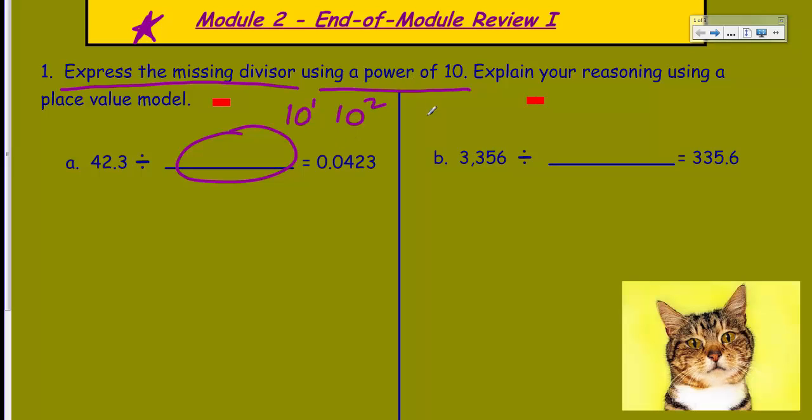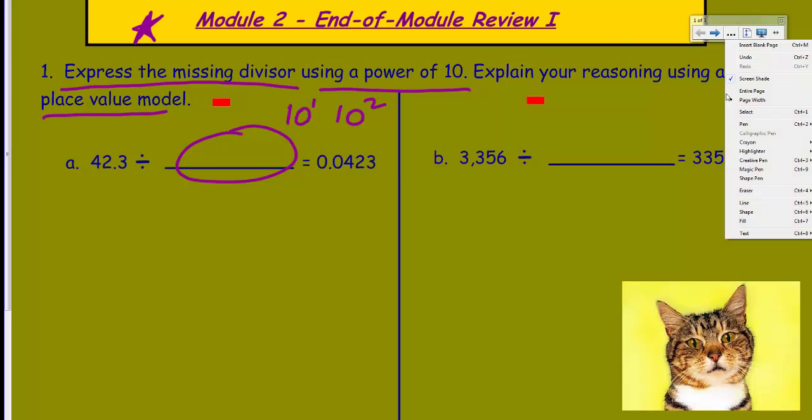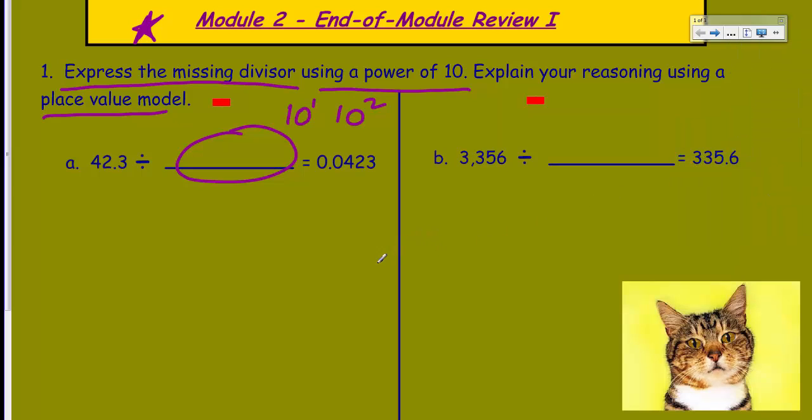That's what it means by a power of 10. We're going to have to explain reasoning using a place value model. It doesn't say we have to use words, but we're going to use this place value model. So it's important that we read those instructions carefully so we don't have any problems getting the correct answer and getting credit.